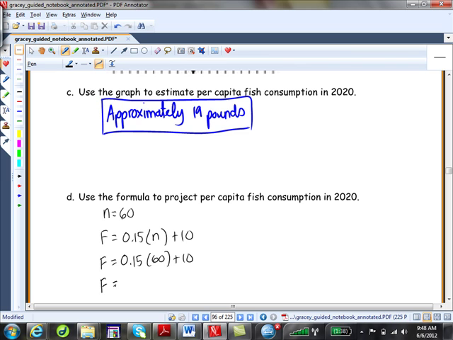So 0.15 times 60: 60 is like 10 times 6. Remember, times 10 was 1.5, so 6 of those would be 9. So we would get 9 plus 10. So F is 19. So we would say 19 pounds.